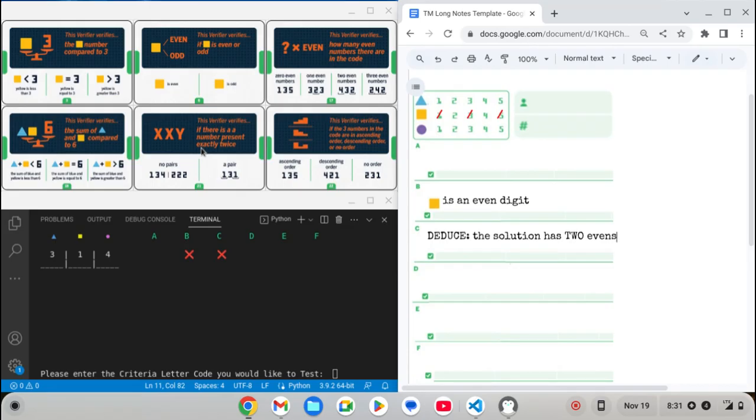So typically if you have 2 evens and they are distinct, it could be that the sum of the first 2 might be 6. That's a possibility. Notice also that there's no mention of circle in any of the other criteria cards. So somehow it's going to be forced into that value, whether it's even or odd.